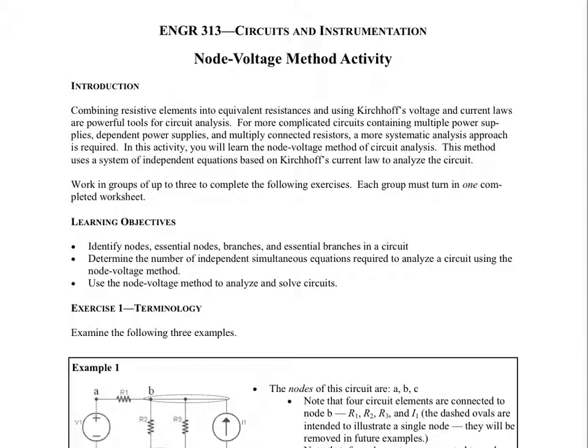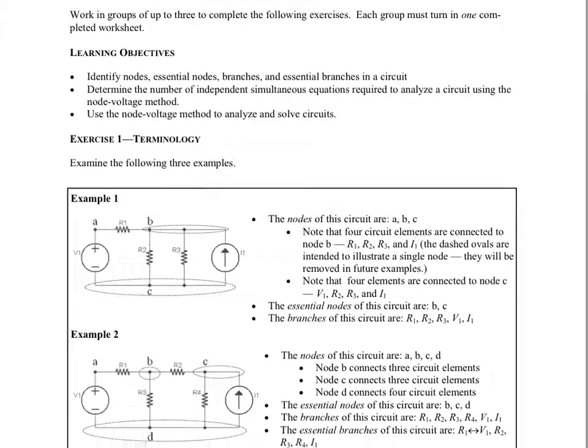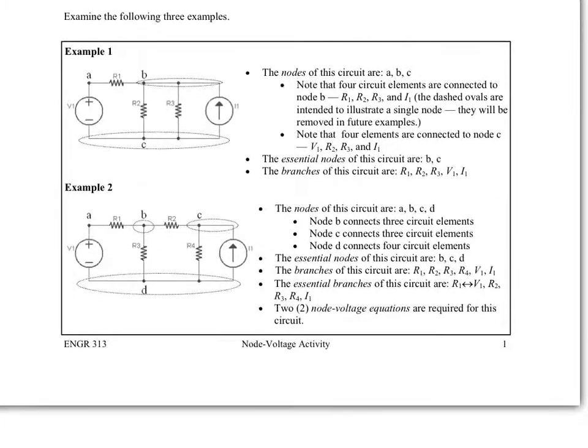Now, instead of teaching you directly how to use this method to solve a circuit, I'm going to ask you to take a look at this worksheet that has been developed from your course notes. In this worksheet, there are a bunch of examples. So for exercise 1, we have several examples. In these examples, you are told some things about the circuit.